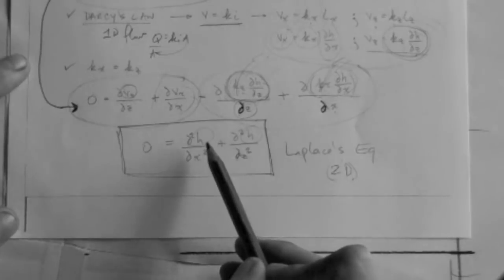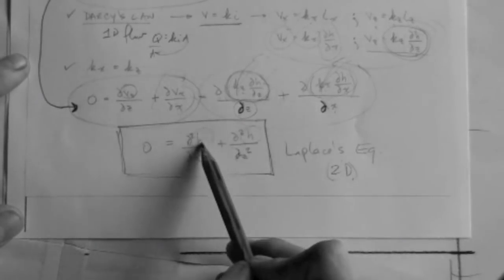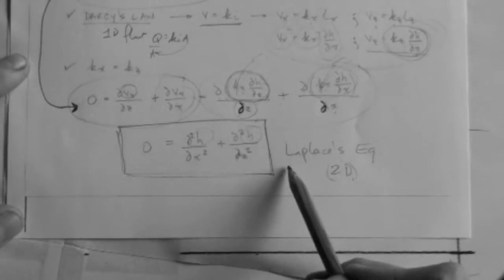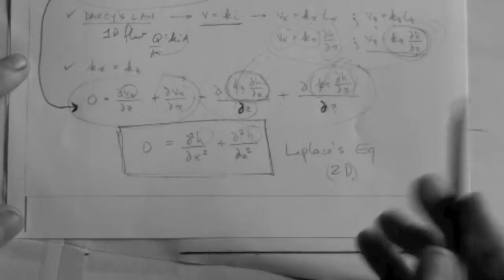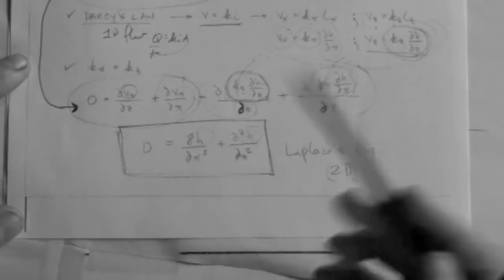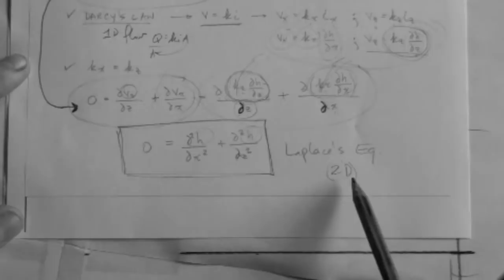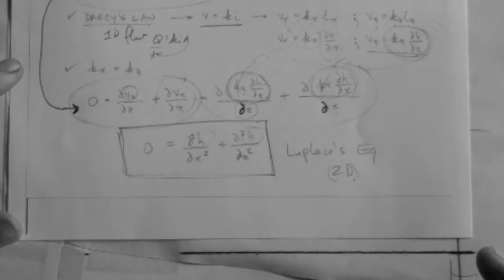So if you were to remove this h and write a big T, then what you would get is an equation that describes the flow of temperature through a material, for example. In this case, we have used Darcy's law, we have used flow concepts, therefore we arrive at a Laplace's equation that is used to describe the flow of fluid through soil.